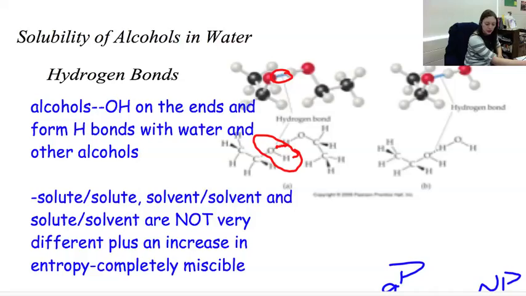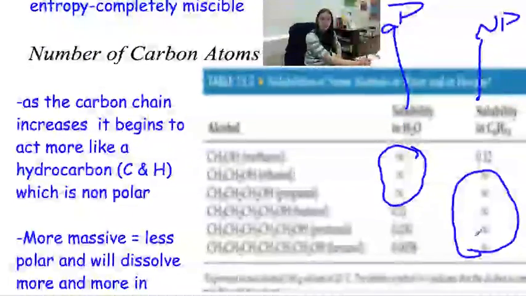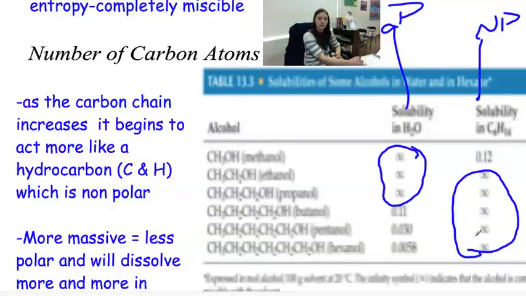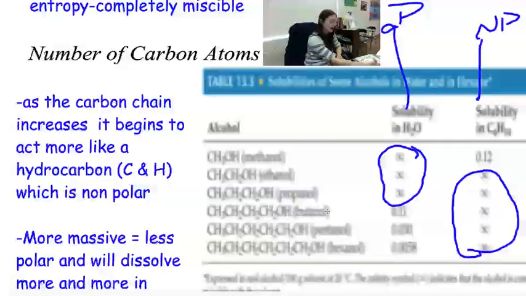So when we look at these, your solubility does at some point slow down. It has to do with your number of carbon atoms. As your carbon chain increases, it begins to act more like what we call a hydrocarbon, which is just C and H, which is nonpolar. We have these ones on the end, and mine's really blurry, but yours should not be.